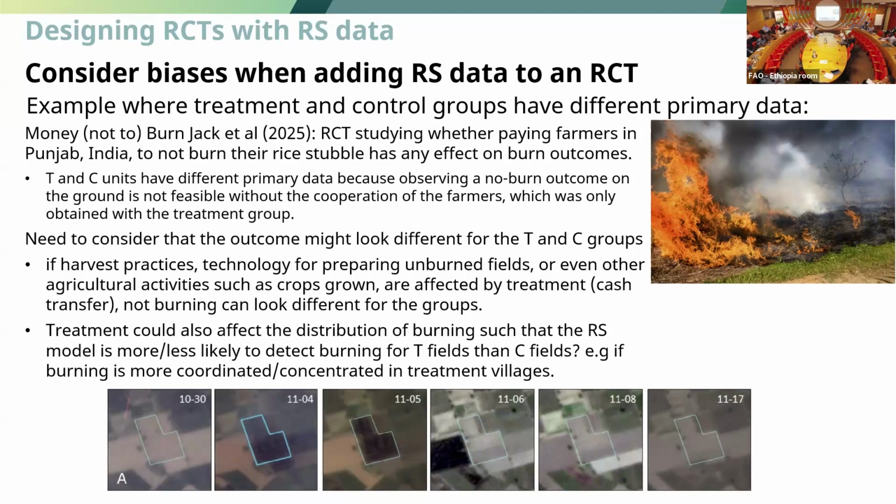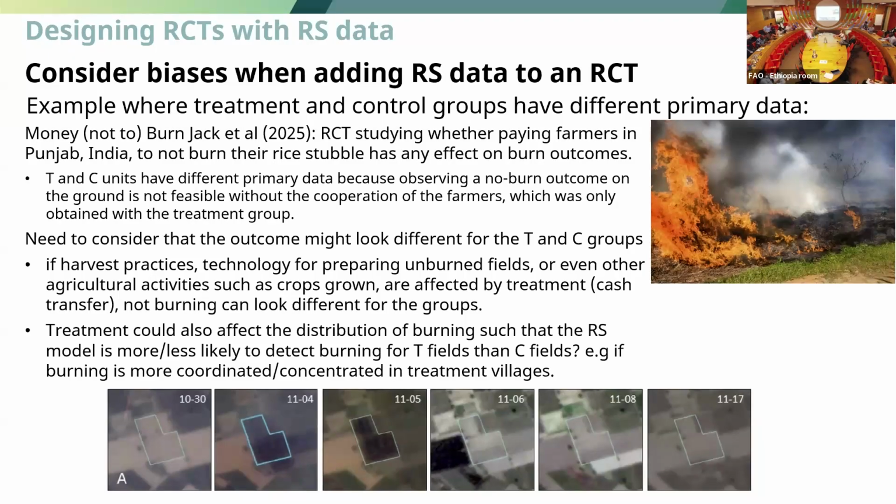Once they had it all managed, they called somebody to come check it out, and so they could say, okay, this plot was not burned. On the other hand, the control units weren't getting any money. They had no incentive to do anything like that, so they did not provide that data set. So we have burn labels for the treatments, but not for the controls.